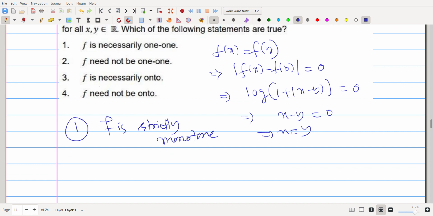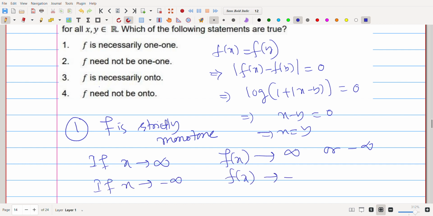Secondly, if I want to check whether f is onto or not, it is enough to check what happens when x goes to infinity. If x goes to infinity, f(x) goes to infinity or minus infinity, and if x goes to negative infinity, f(x) goes to negative infinity or infinity.